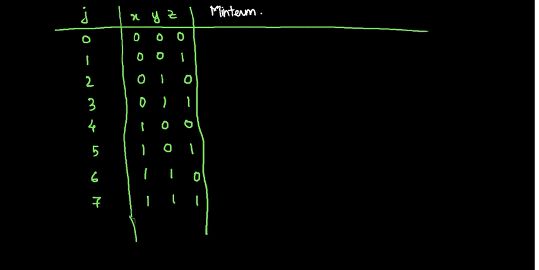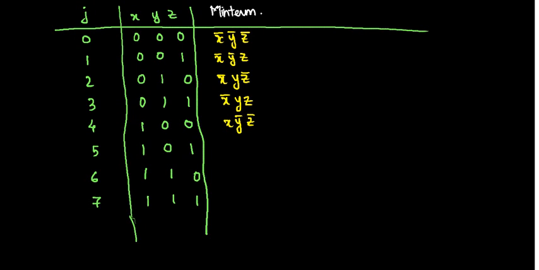Say for example this is 0, 0, 0, you take X bar, product Y bar, Z bar. Here X bar, Y bar, Z. You make a variable prime or bar only if it is 0. So X bar, Y, Z bar, X bar, Y, Z, X, Y bar, Z bar. Now you might have got the idea of how many possibilities there would be.